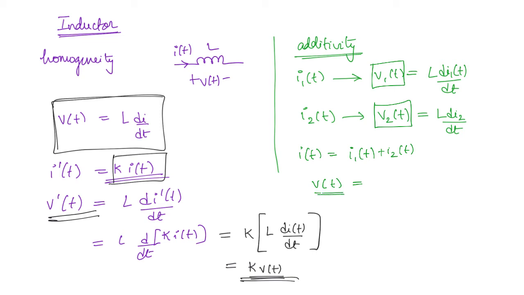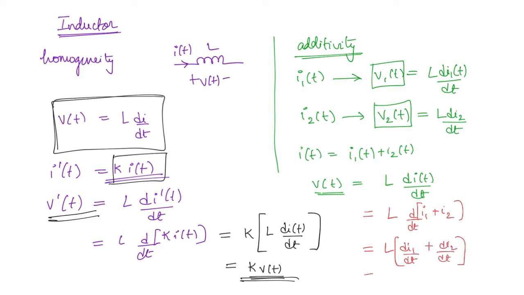So what is V of t? This will be equal to L into di of t by dt, which is L into d by dt of I1 plus I2. According to the property of differentiation, you can simply write L times di1 by dt plus di2 by dt.